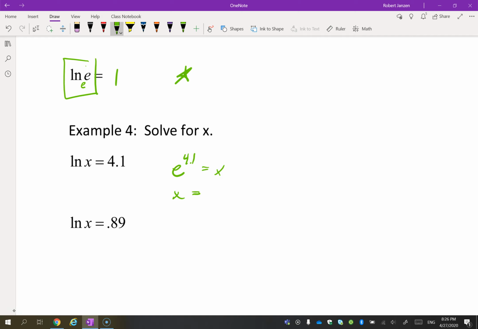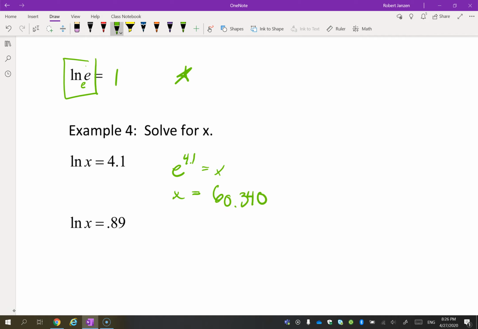That is also a button on your calculator, the e button. So you're going to go e to the power of 4.1 and you get 60.340.